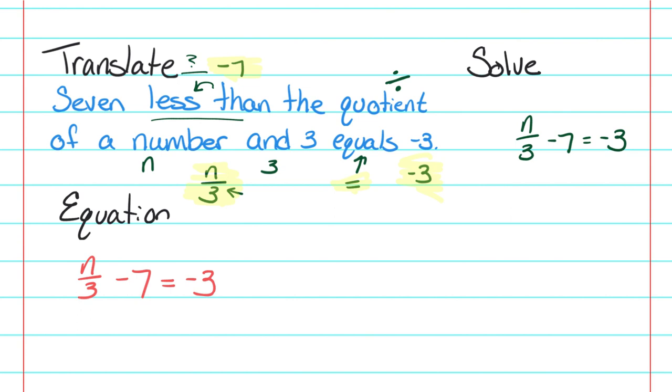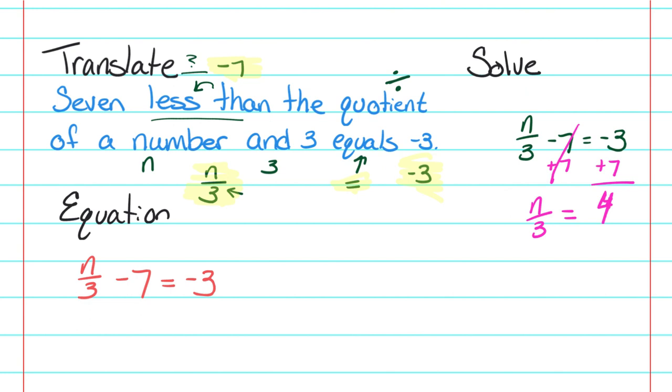I have negative 7, so I'm going to cancel that by adding 7. Add 7 to both sides. That will cancel out. Negative 3 plus 7 gives me 4. Bring the information down: n divided by 3 equals 4.